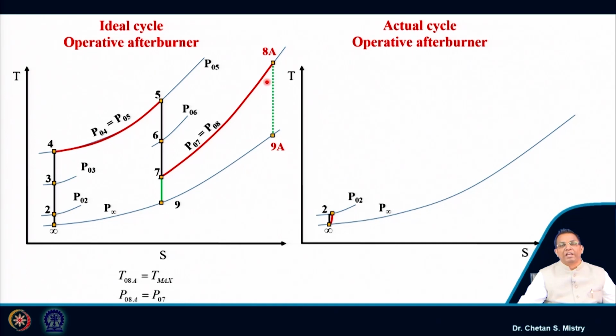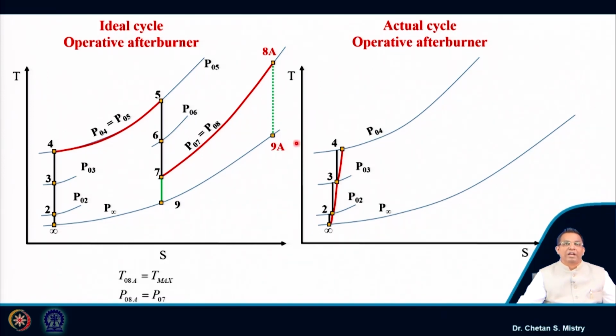Since the intake, as we know, will have losses, that leads to an increase in entropy, and that is the reason my point will be different from the ideal process. From there my flow enters the compressor. This is the LP compressor, and this represents my actual process. From here it is subjected to the next compressor stage, the HP compressor, and the actual process is represented by this red line.